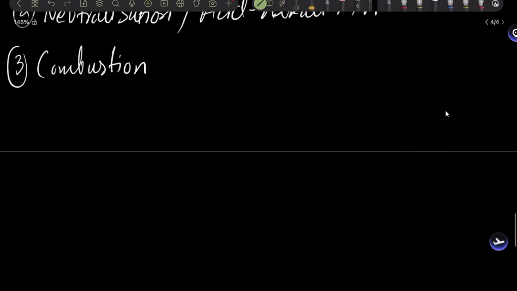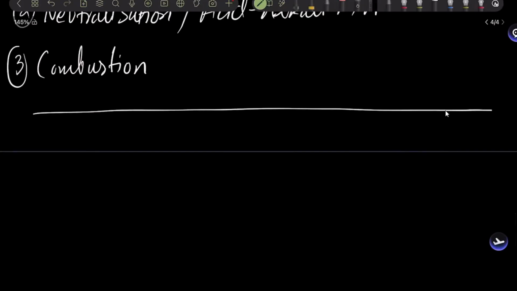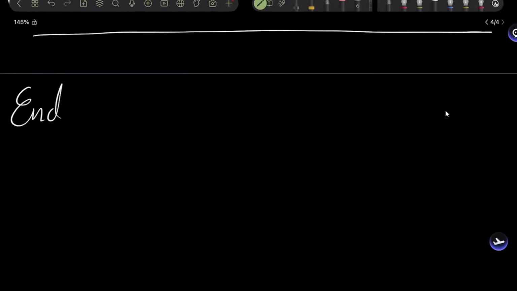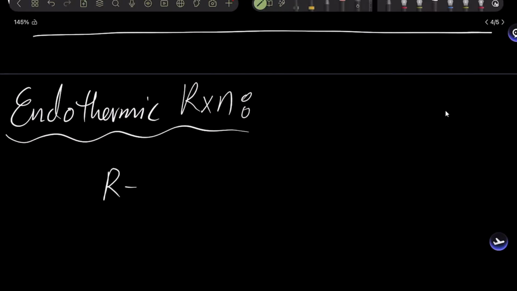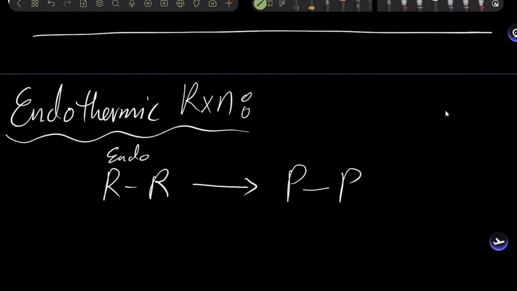Now let's move on to endothermic reactions. Now, endothermic reaction is the complete opposite. When is a reaction endothermic? When the reactants need energy to break the bonds and the products need energy to form the bonds. The breaking of bonds is an endothermic process and the formation of bonds is an exothermic process, right?